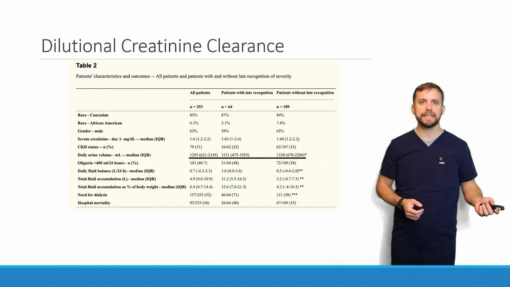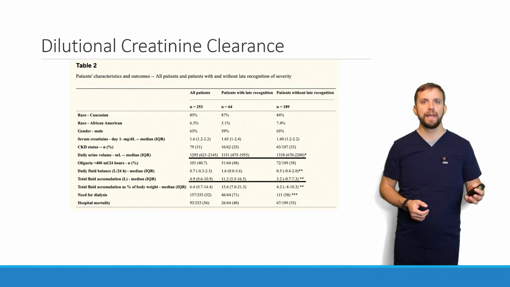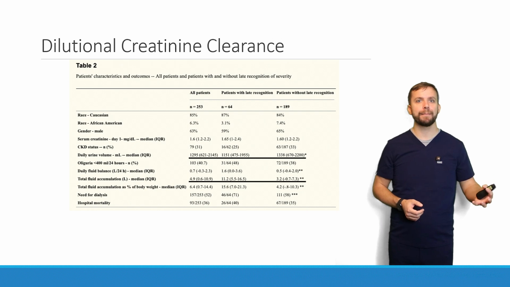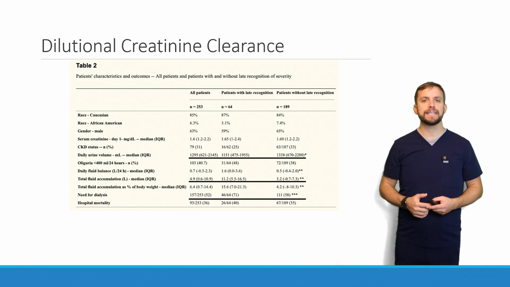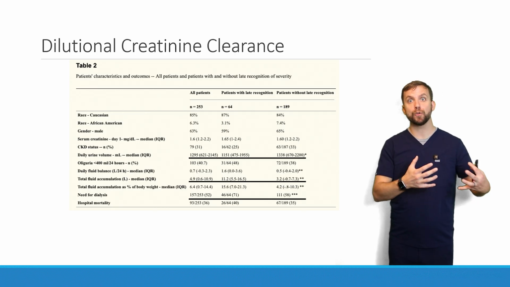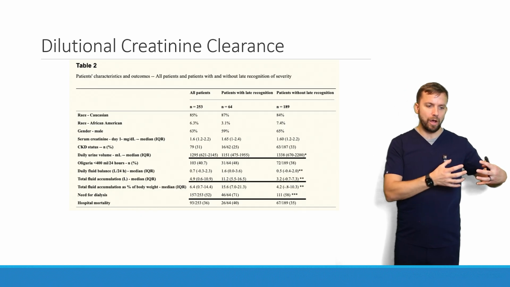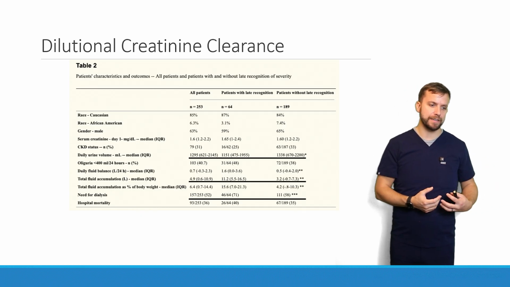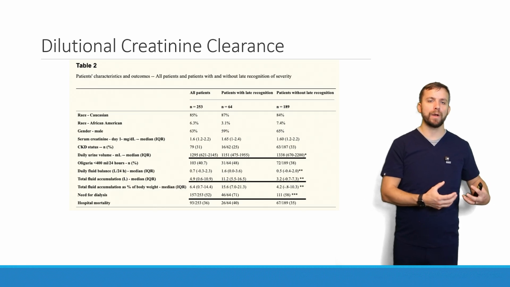So if you look here, the daily volumes, you look at the total fluid accumulation between them, and you're talking about very, very high amounts of fluid, like 11 liters versus 3 liters. And the ones that had late recognition just had the super high volume, had those 11 liters versus the 3 liters. And so all that kidney injury, all those complications that happened to the kidney were being hidden by all that extra fluid. And so they weren't being recognized.